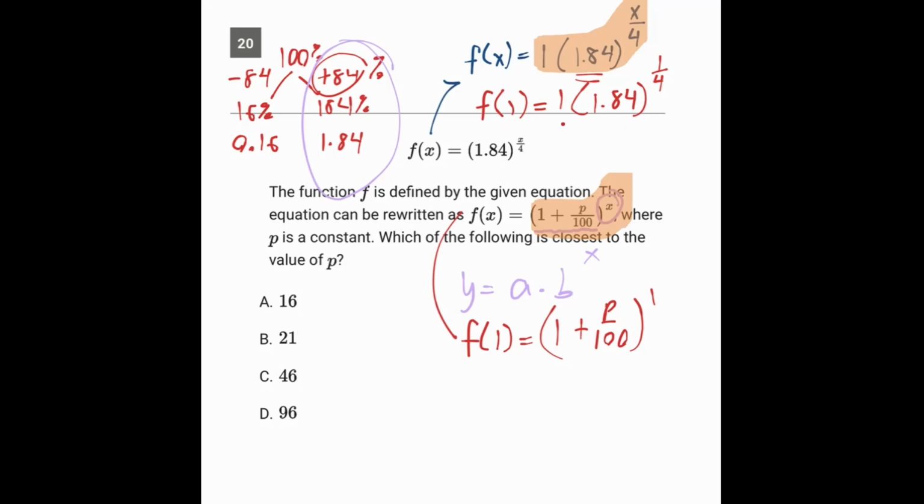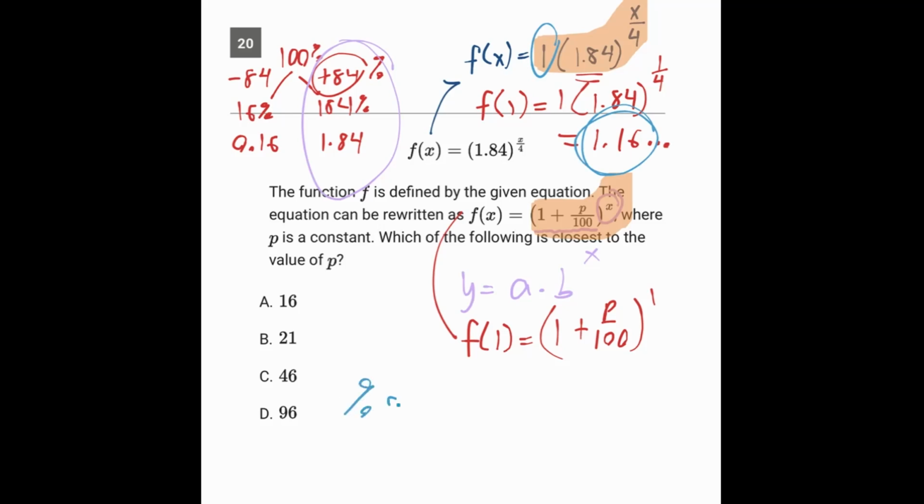But here, I would go right into the TI-84 and go ahead and say 1.84 to the 1/4 power. And that's going to come out to 1.16 and some further decimals. So in other words, this thing, even though it started at 1, it's now 1.16.